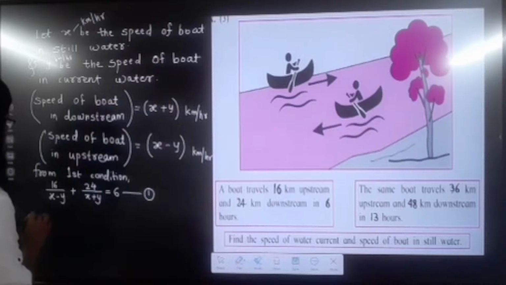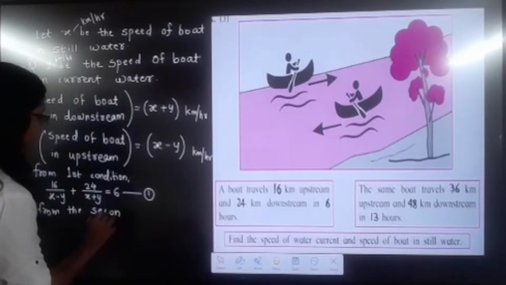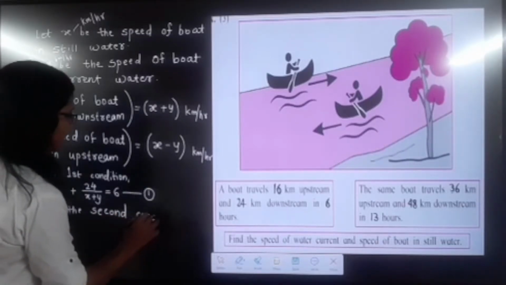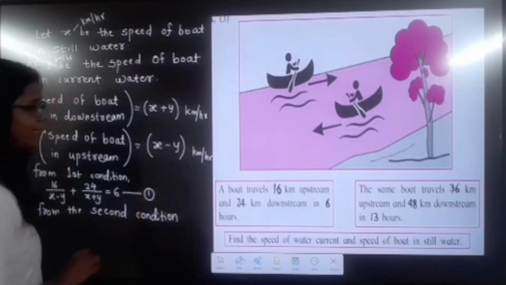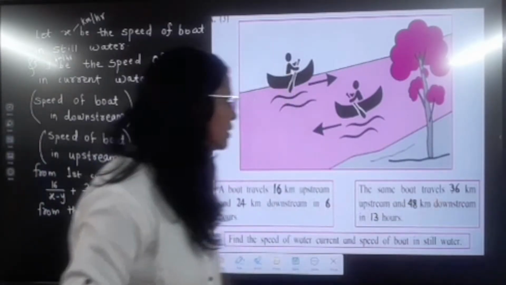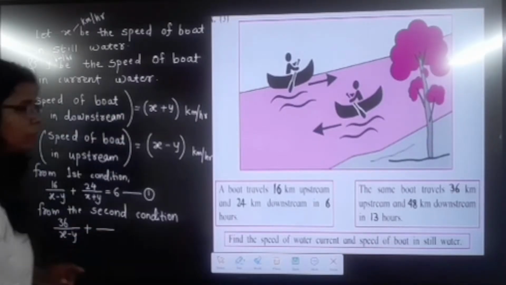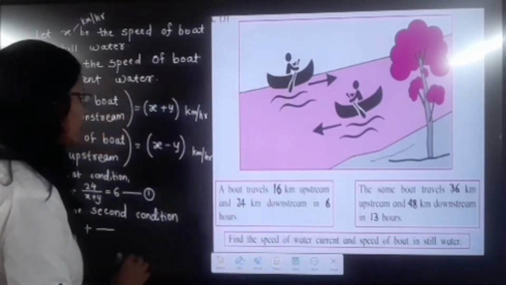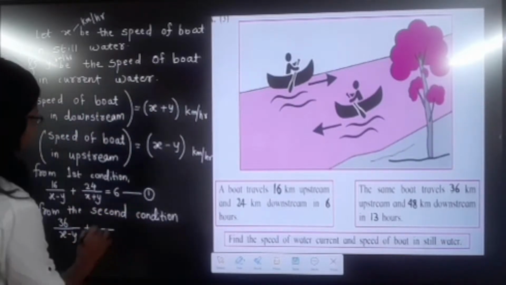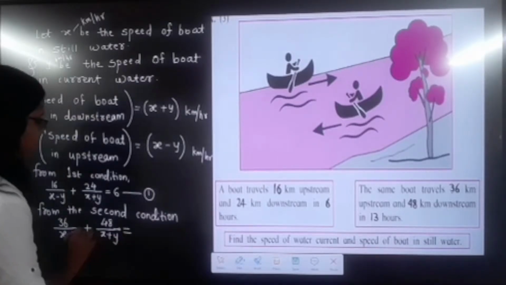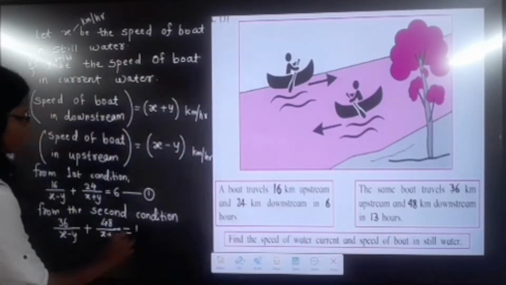Then, students, from the second condition. What is the second condition? The boat travels 36 kilometer upstream, so 36 upon x minus y, plus 48 kilometer downstream, so 48 divided by x plus y, in 13 hours, is equal to 13.